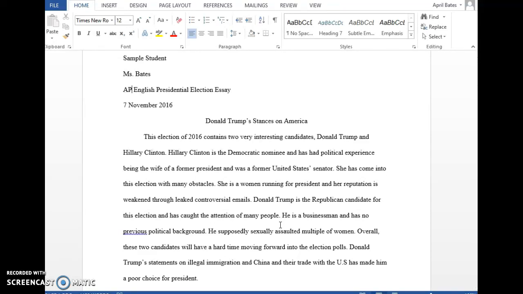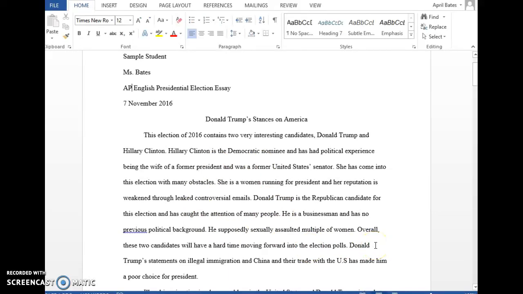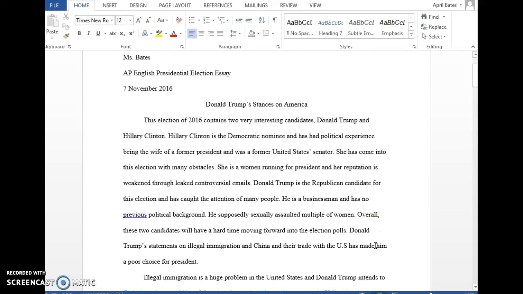Students had to explore some of the political issues, social issues that were being debated, and they had to do research on what a particular candidate believed, and then determine if their stances made them fit to be president. So this is his introduction, and then it's going to end with whether Donald Trump should be president based on his stances on those particular issues.